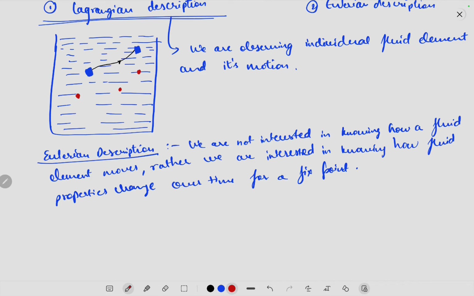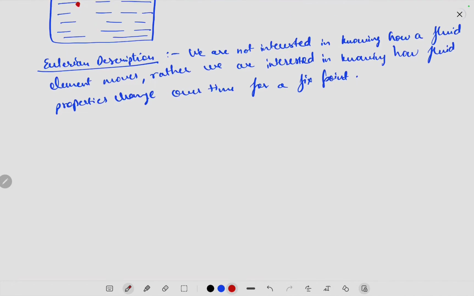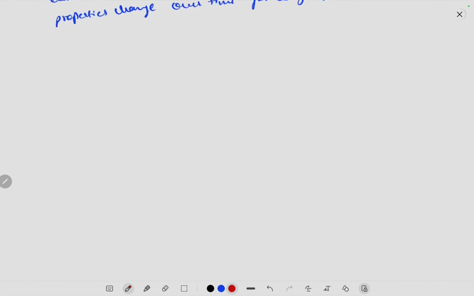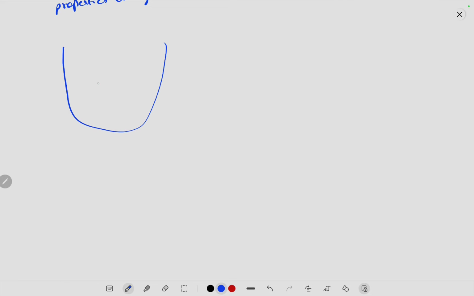Now let's try to understand what is the relationship between the Eulerian description and the Lagrangian description. So let's again consider a fluid. Let's say this is a container and this is my fluid. All right, so now let's consider a fluid element.